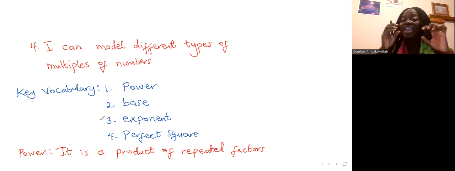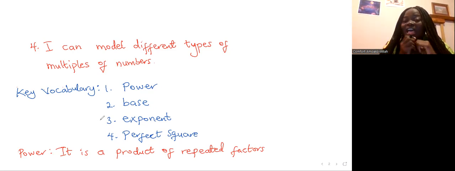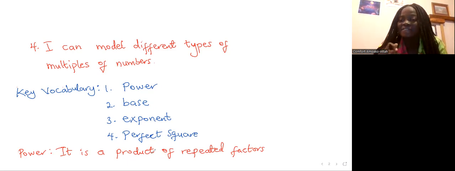So we are going to take each vocabulary word and go into detail and explain what they mean. The first one is power. It is a product of repeated factors.